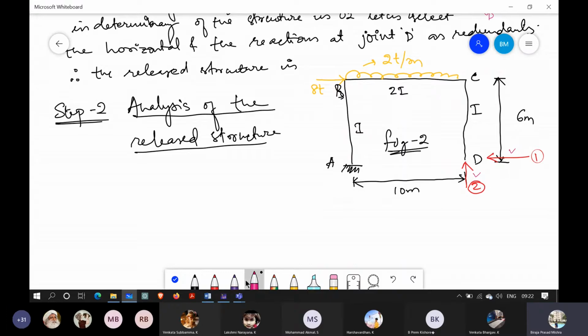This is your released structure. When we apply the unit load, we will apply it at joint D in this direction, and then in this direction.